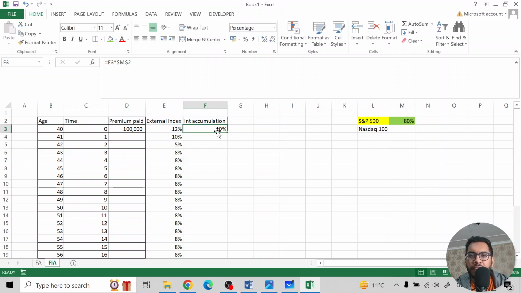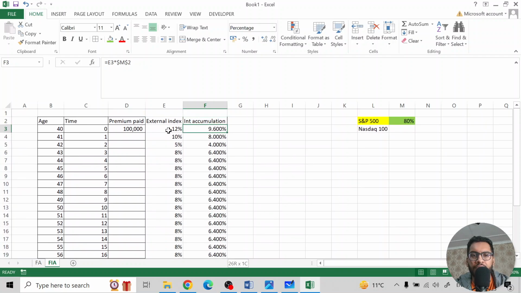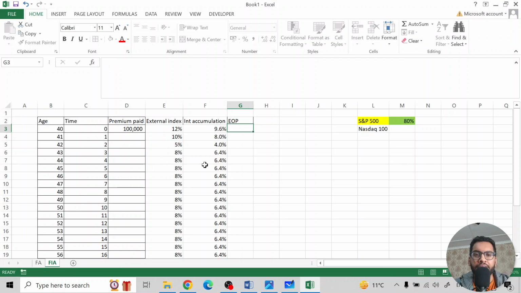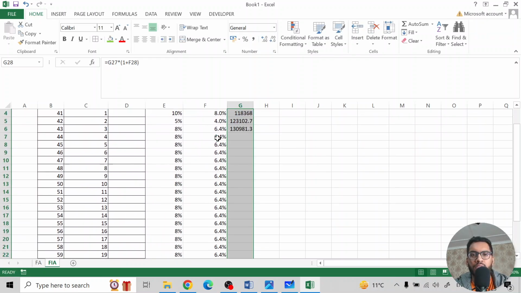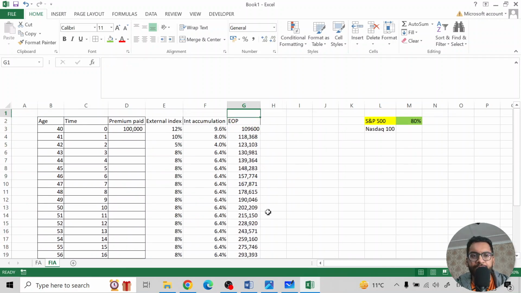So this will be the return that will be accumulated on this balance, right? So what will be the value at the end of the period? That will be this balance into 1 plus i, and then this into 1 plus. So this will be the value, $500,000, that will be given. Make sense?